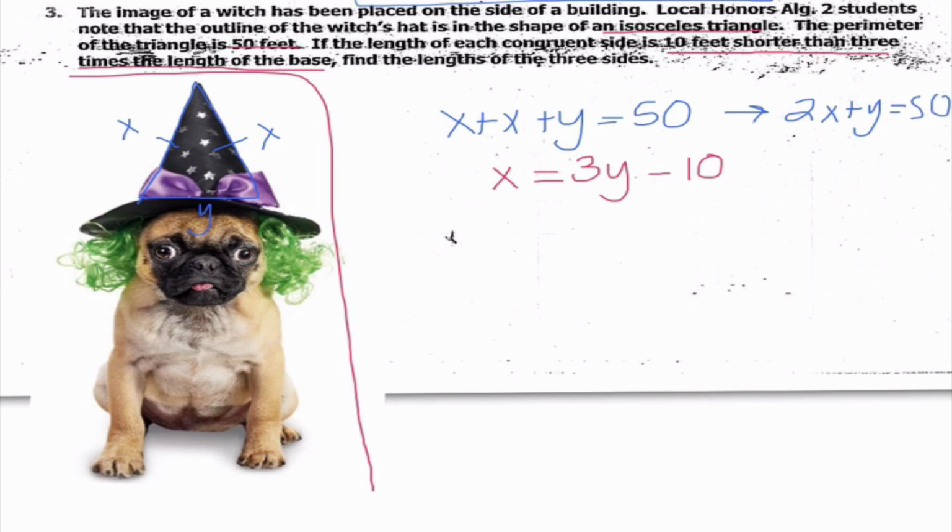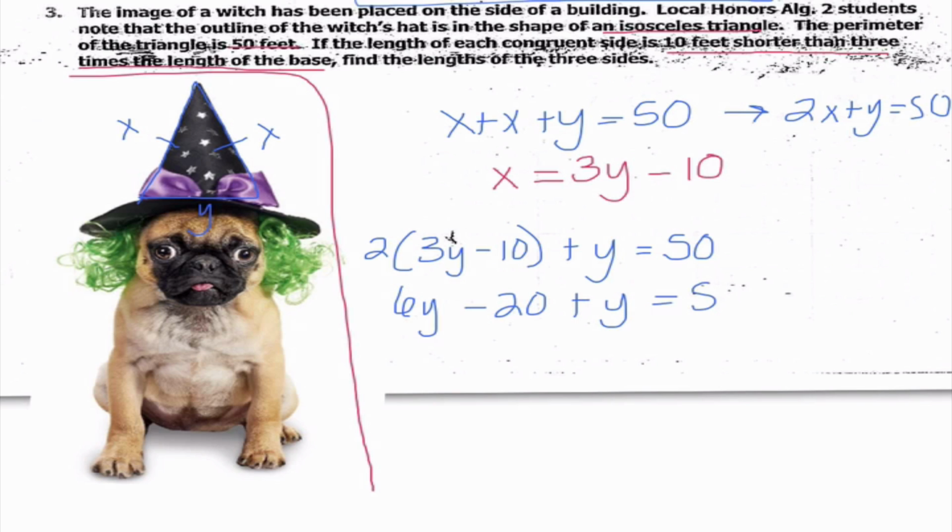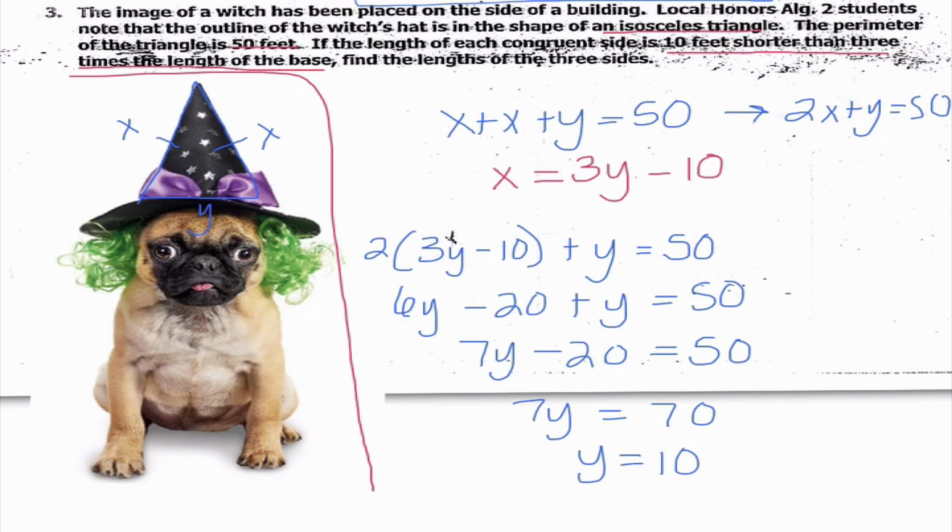To me, it definitely looks like we should be using substitution here because I already have x isolated for itself. So I'm going to do 2 times the quantity 3y minus 10, plus y equals 50. 6y minus 20 plus y equals 50. 7y minus 20 equals 50. 7y equals 70, so y is equal to 10.